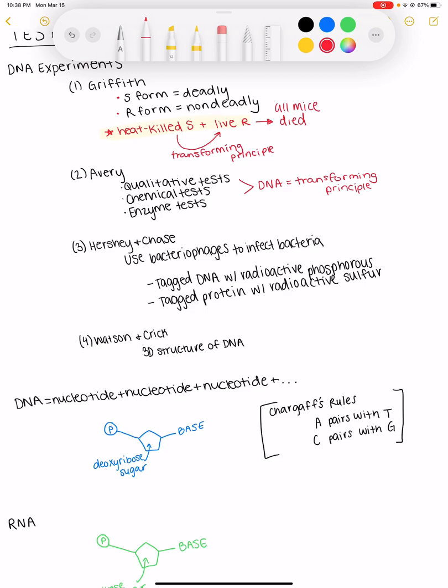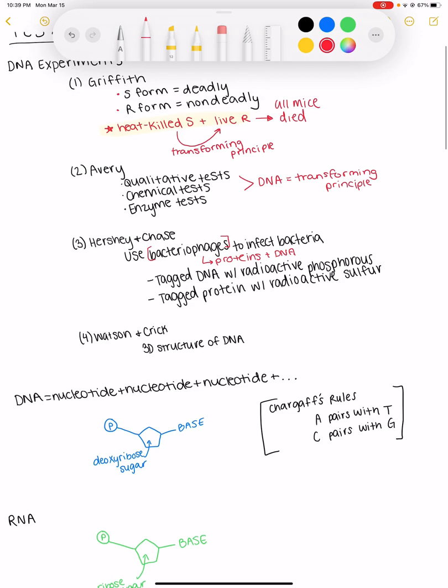The reason why they use these is because bacteriophages are really just made up of proteins and DNA. And since the question that they're wondering is, is it DNA or is it proteins that is holding this genetic information, bacteriophages are a really good vessel because that is all they're made of.